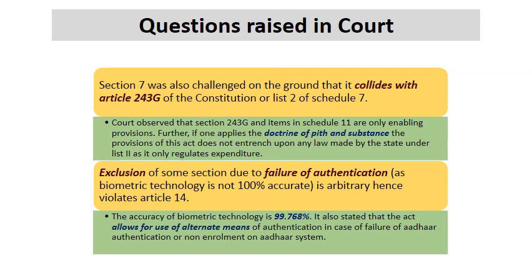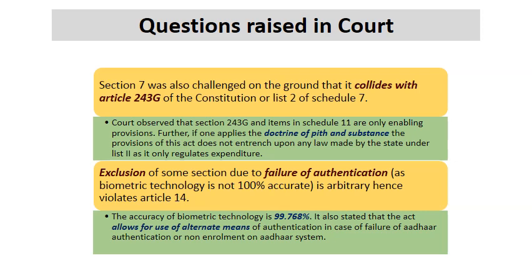For example, if the union government legislates on a matter that is directly related to List 2 of the Constitution, then the court will hold that this law is unconstitutional. However, when applying this doctrine in case of Aadhaar, the court found that the core provision of Aadhaar relates to the targeted delivery of services.